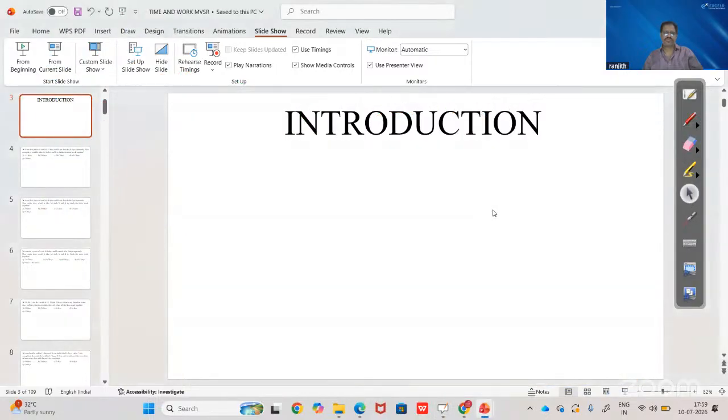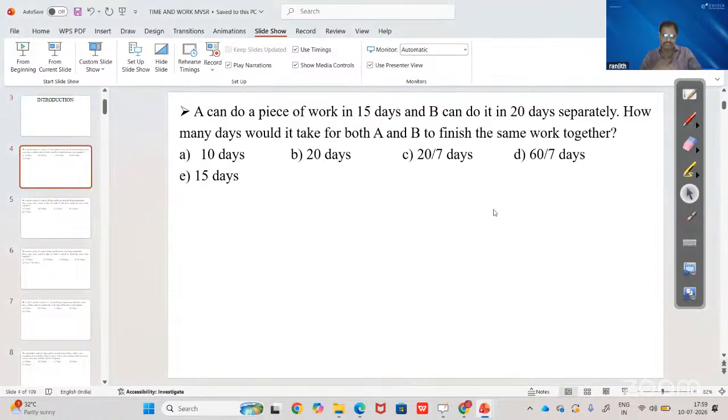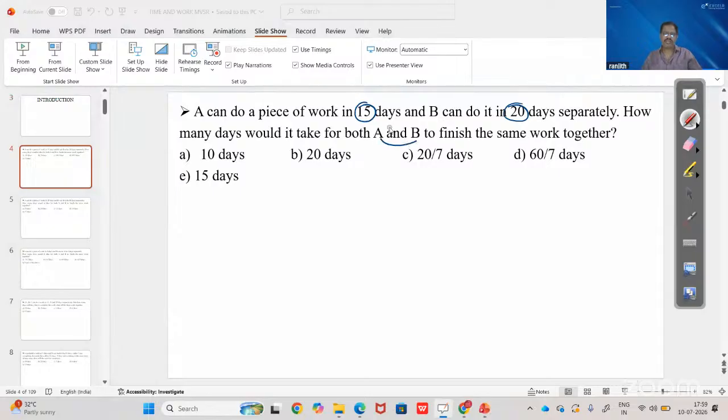Now we'll see one question. A alone can complete the work in 15 days. B can do it in 20 days. In how many days both A and B together can complete the work? A alone equal to 15, B alone equal to 20.